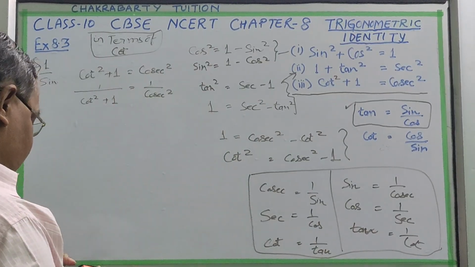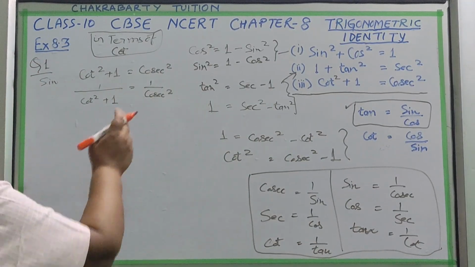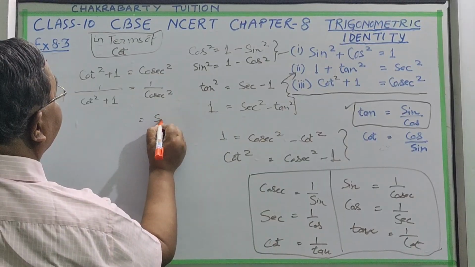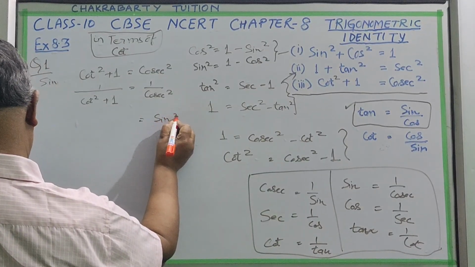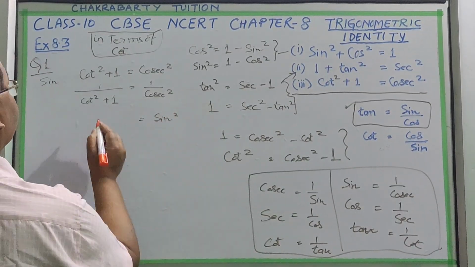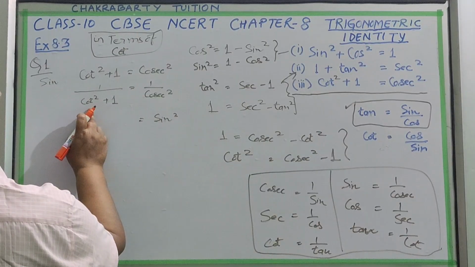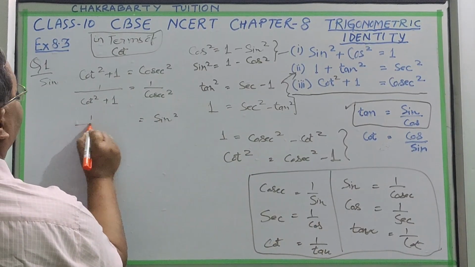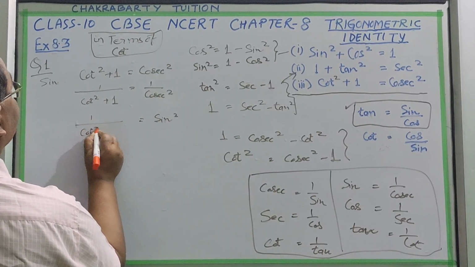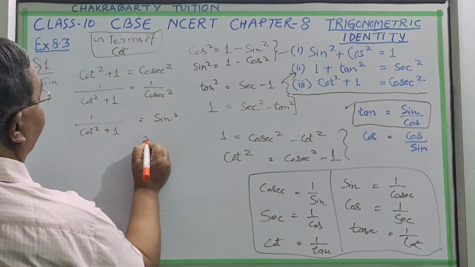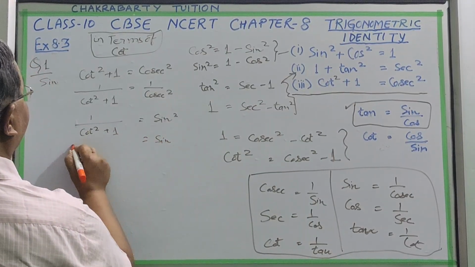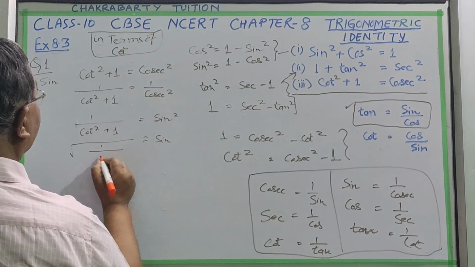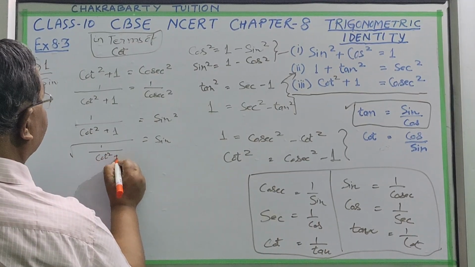Now it will become sine square, and here it will remain like this with no change, 1 upon cot square plus 1. So sine equals under root 1 upon cot square plus 1.